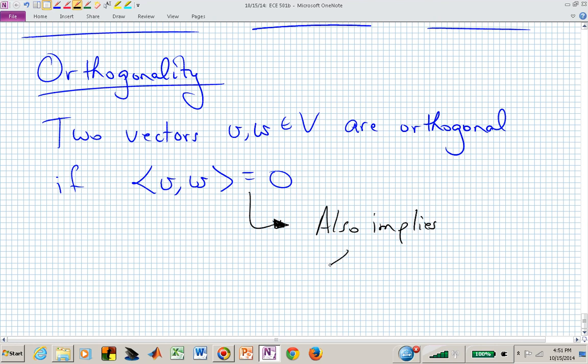I hope you can see that that also implies that the inner product of W and V is also 0.